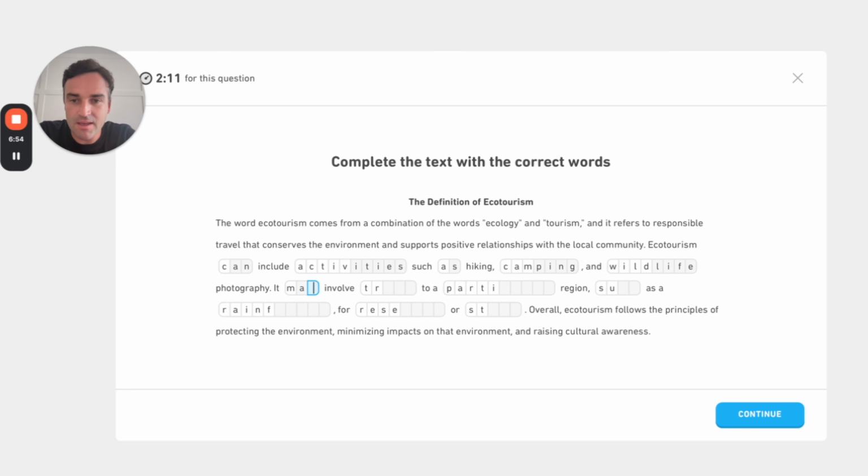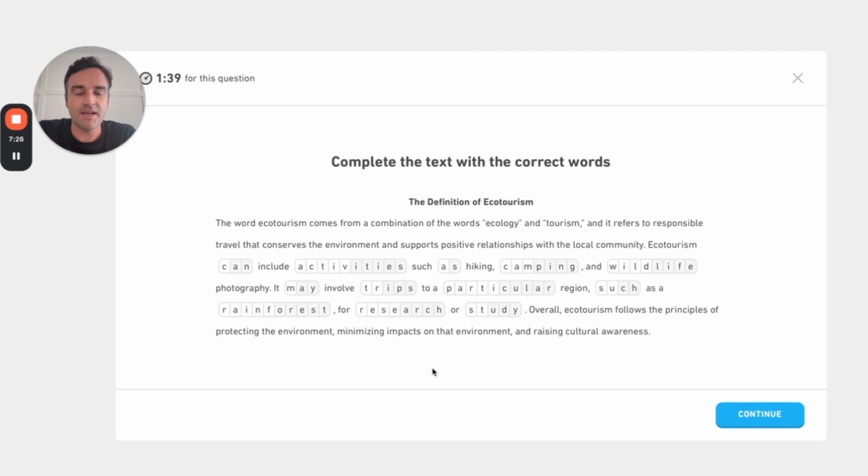It may involve trips to a particular region, such as a rainforest. Okay. For research. Study.